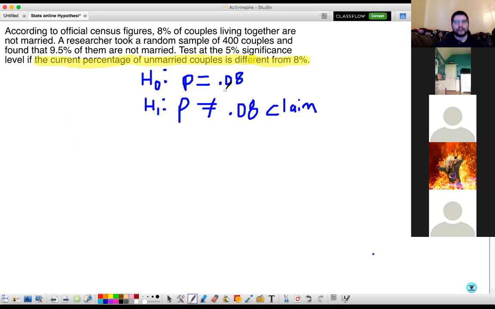So now that we have our hypotheses and know where our claim is, let's write down our information. N was 400. And P hat, all right, so this is a good example for TI users, is 9.5%. So I'm going to put 0.095.